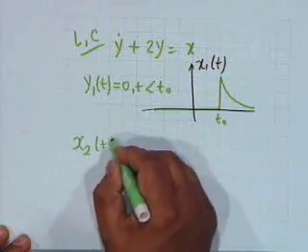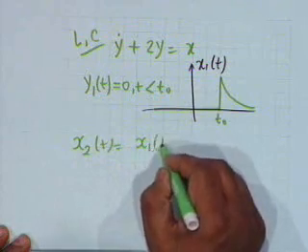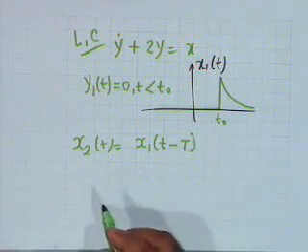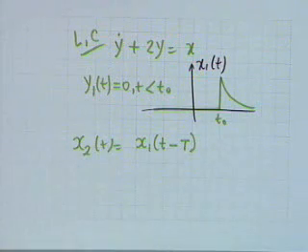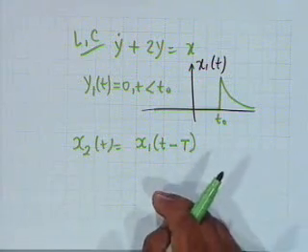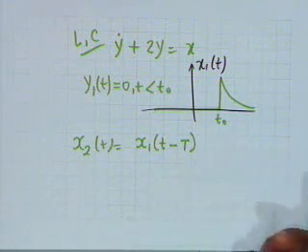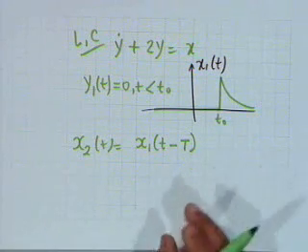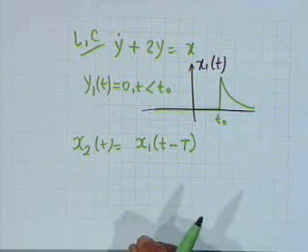Alright. Now let's delay the input. How do we test time invariance? We take x1 of t, then we take another x, that is x2 of t, which is a delayed version, let's say x1 of t minus capital T, which is a delayed or advanced version of the input, and we try to see whether the output shape remains the same or not, and whether the output delays or advances by the same amount or not.